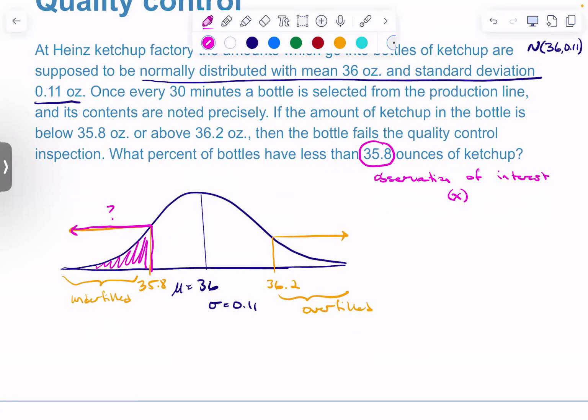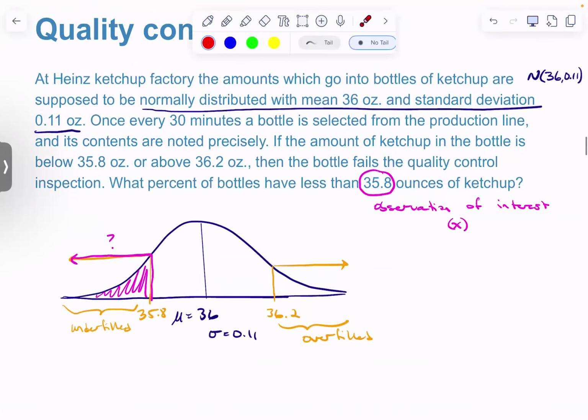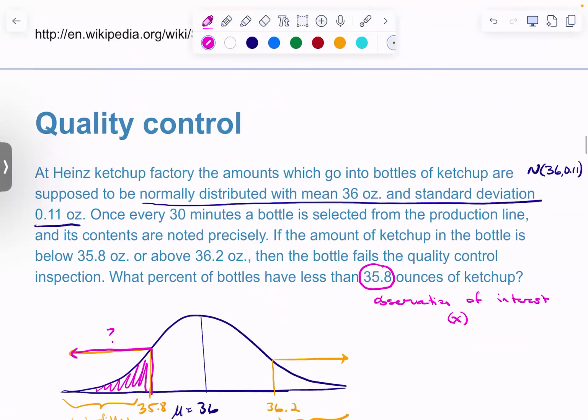If the end goal is to find a probability, which I can then multiply by 100 to get a percentage, first we need to find the probability. There's kind of a gateway that we need to use. If you have an X, an observation, 35.8 ounces, you need to morph that into a Z. How do you do that?